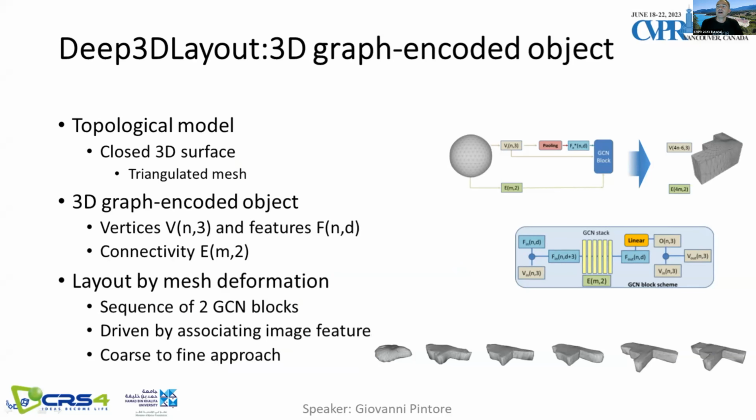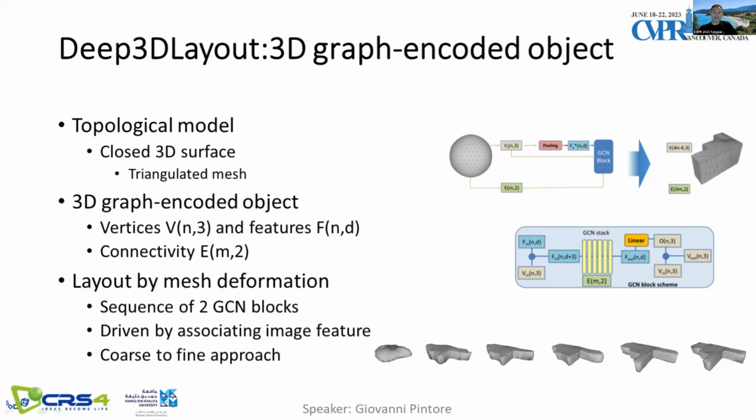And that can be represented by a mesh with a fixed number of vertices. So we encode such a mesh in a fixed connectivity object. So the connectivity is the same as the sphere, but the vertices' positions are deformed and moved until we reach the room shape.